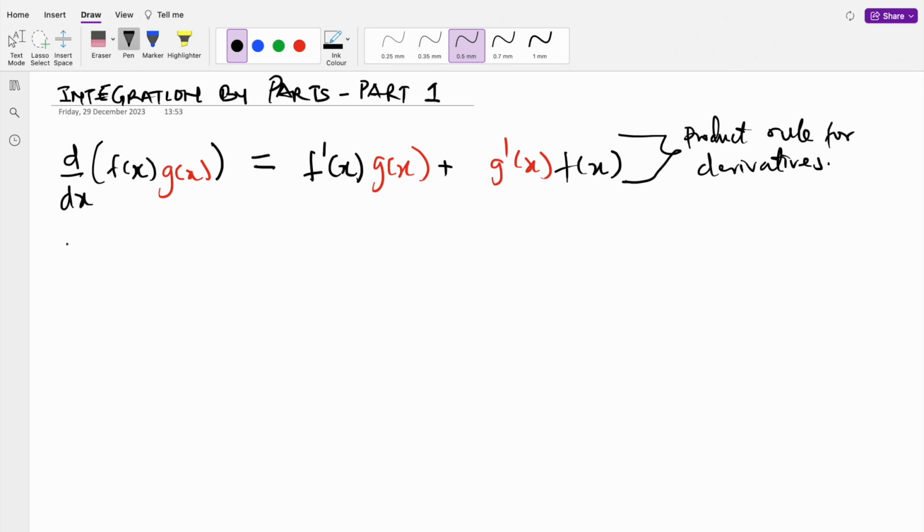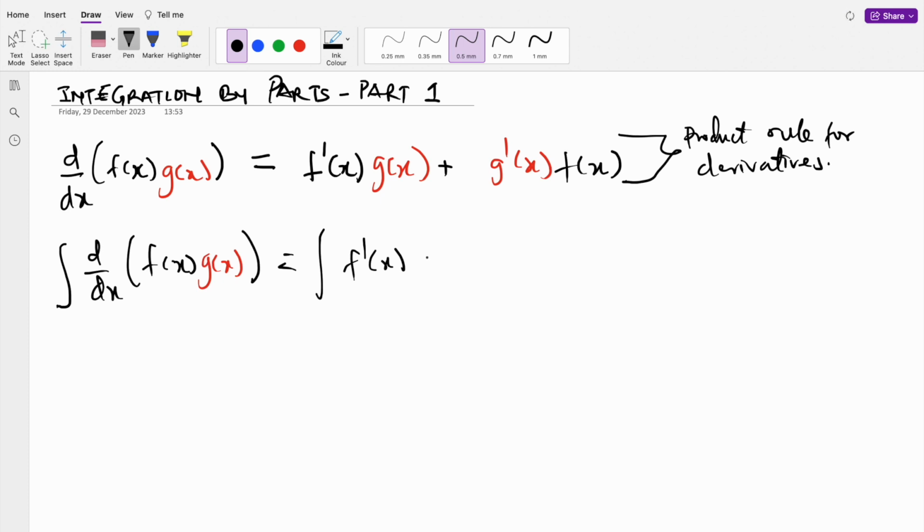So if I integrate this, I have d/dx with respect to x of f of x g of x, which simply equals the integral of f prime of x g of x plus g prime of x f of x, dx.